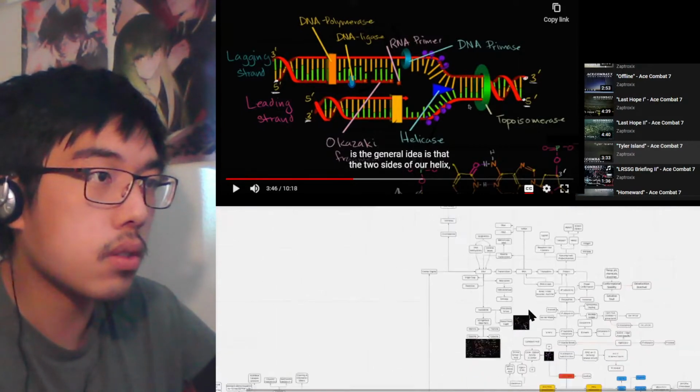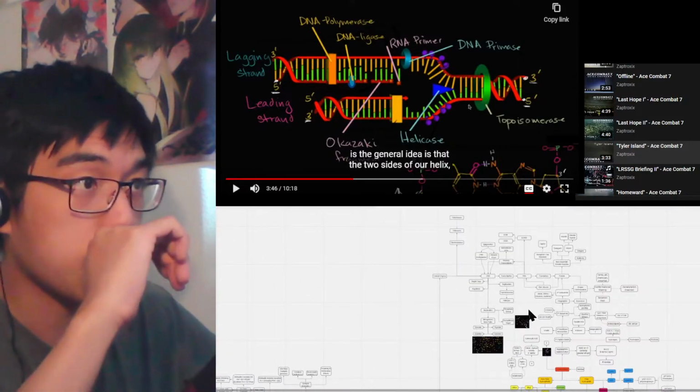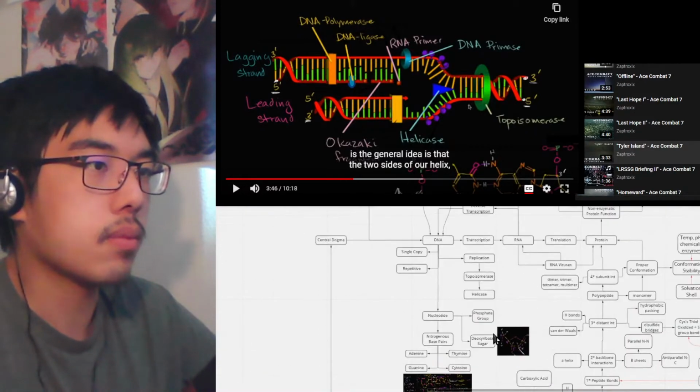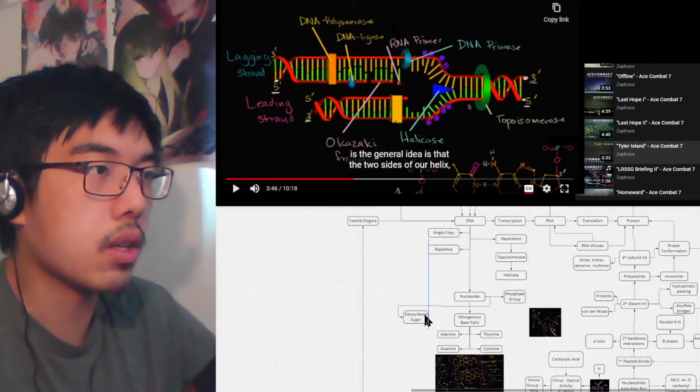So let me see if I can somehow put some room into this diagram here. Maybe I'll swap the sugar around over to this side in the phosphate group.